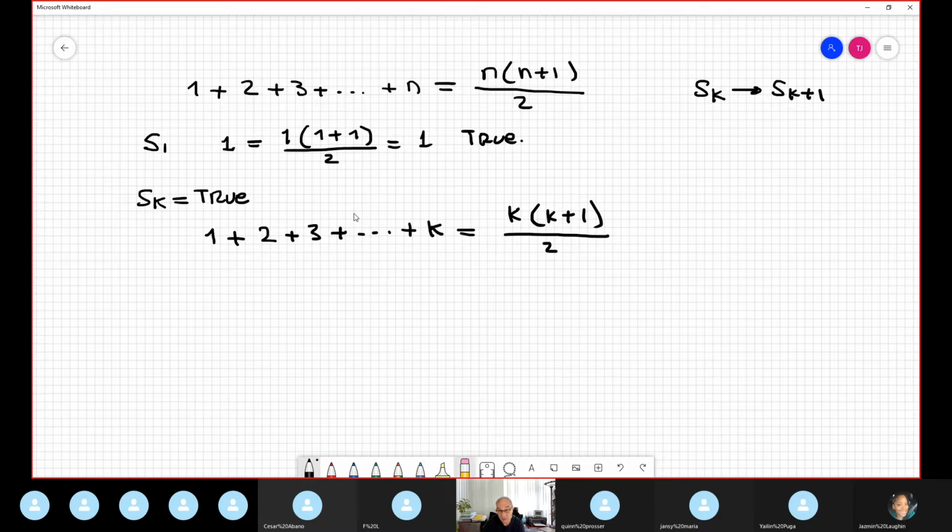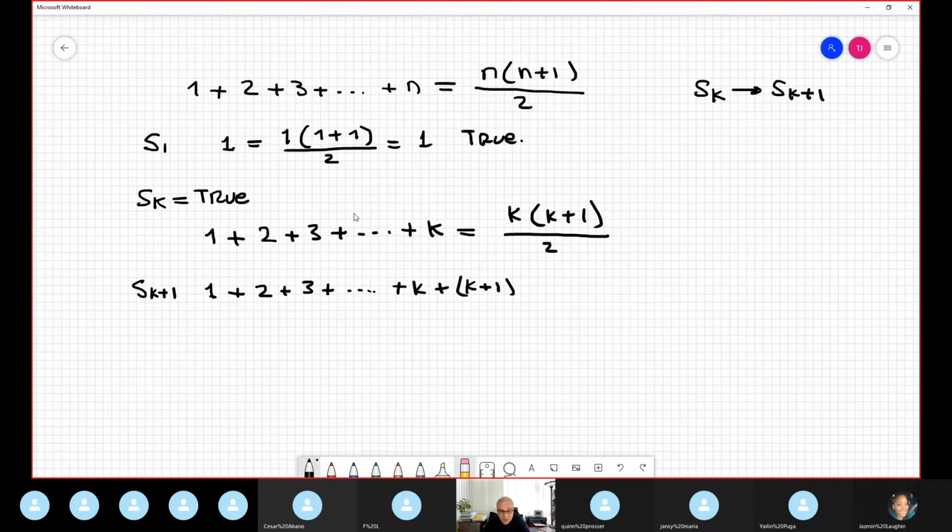The domino piece is a natural number. Now I assume that this is true. So now I try to write A sub k plus 1. It's easy because the only thing you should do is copy 1 plus 2 plus 3 plus ... plus k, plus the next case, k plus 1.